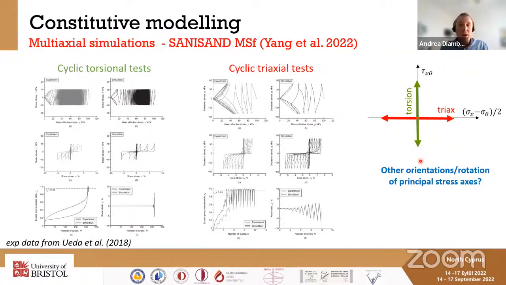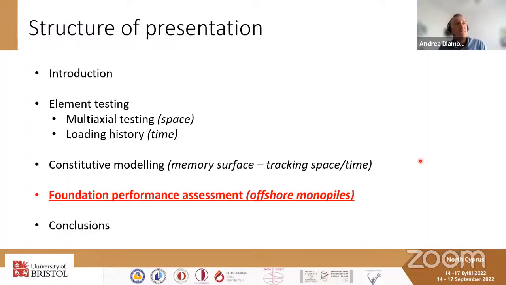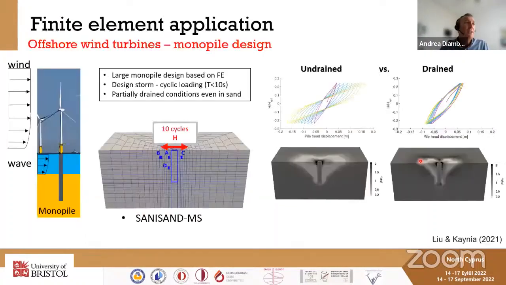But let's see now how this model can be used in some application. I've chosen the offshore wind turbine application because this is a very hot topic in the UK and, I think, all over the world, because offshore wind will be one of the big helpers, especially in the northern part of the hemisphere where the climate is colder, to decrease our need for energy.